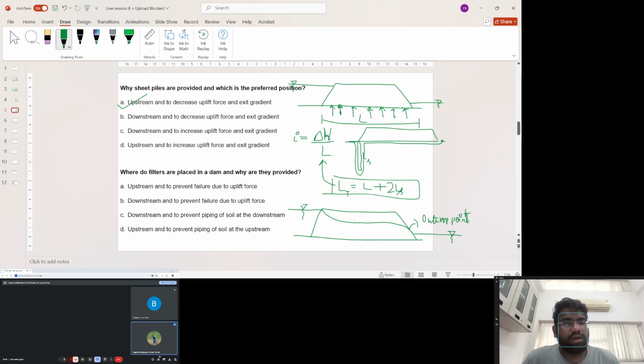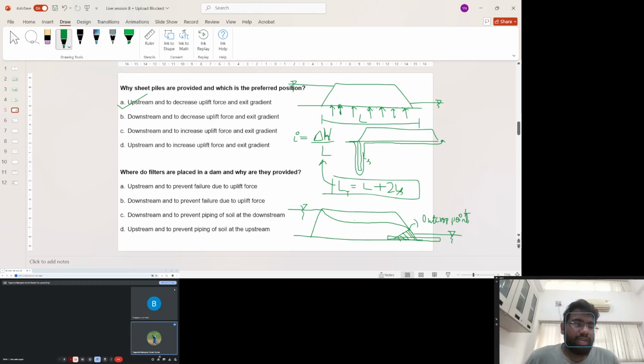So the easiest way to prevent that is to make the flow of water exposed to the atmosphere. For that, they usually provide a filter at the toe of the dam, a rock toe filter, or the filters will be extended into the dam from the downstream end.